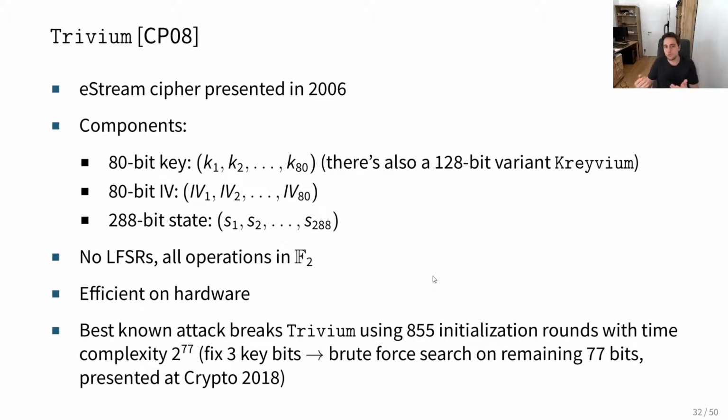So what we usually do, for example, in a block cipher, if we talk about attacks, is talk about, for example, an attack which breaks 8 out of 10 rounds. But in stream ciphers, of course, it's a bit different because we don't have rounds, such as in block ciphers. So when we talk about round-reduced versions of stream ciphers, we attack a smaller number of initialization rounds, because these initialization rounds in a stream cipher are usually there to provide the security, so to provide confusion and diffusion and all of that.